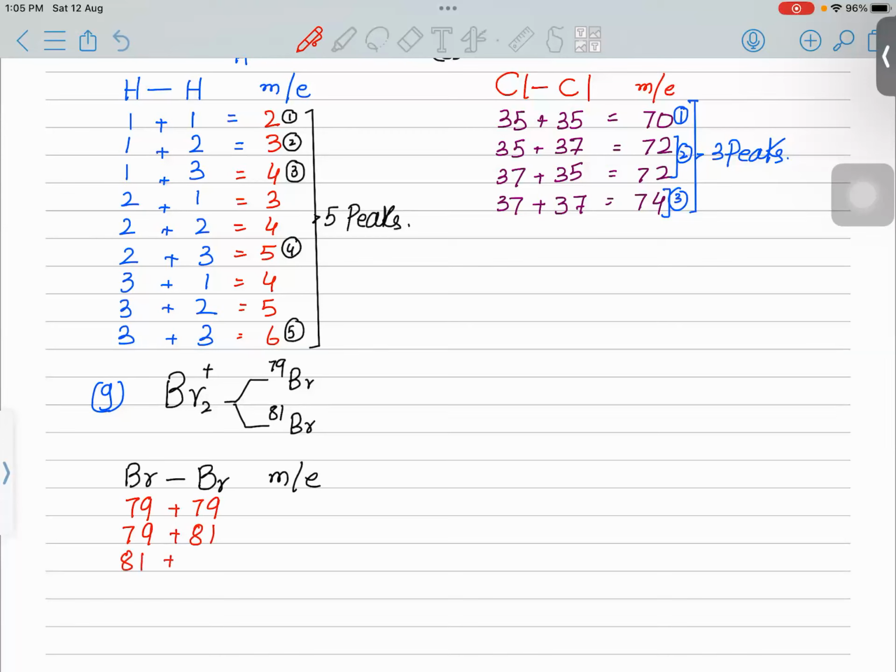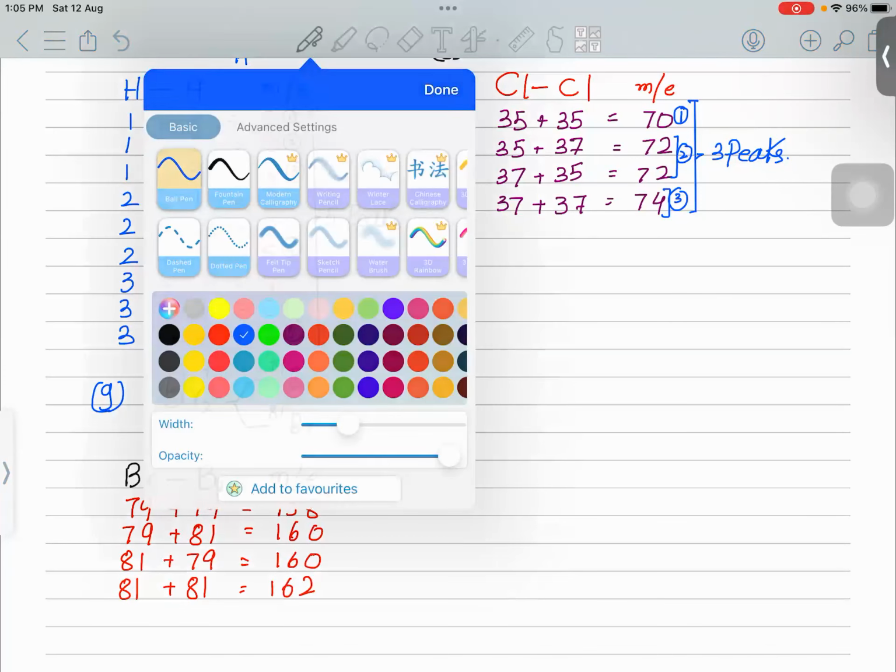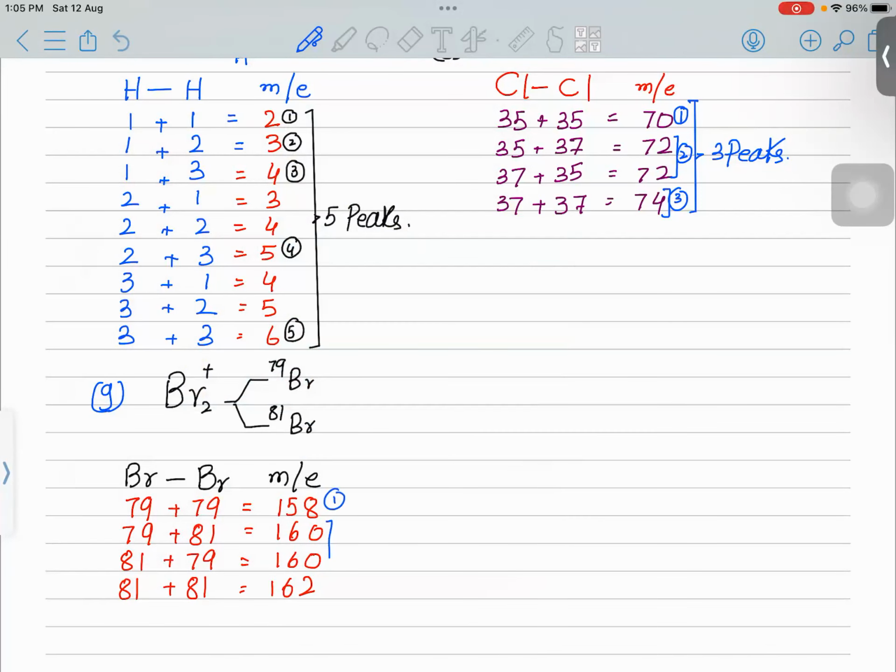Then 81-79. Then 81-81. So 158, 160, 160, 162. So again 3 molecular ion peaks.